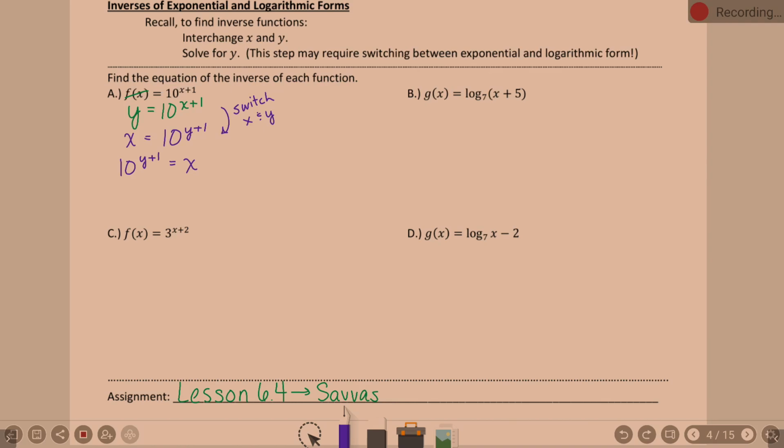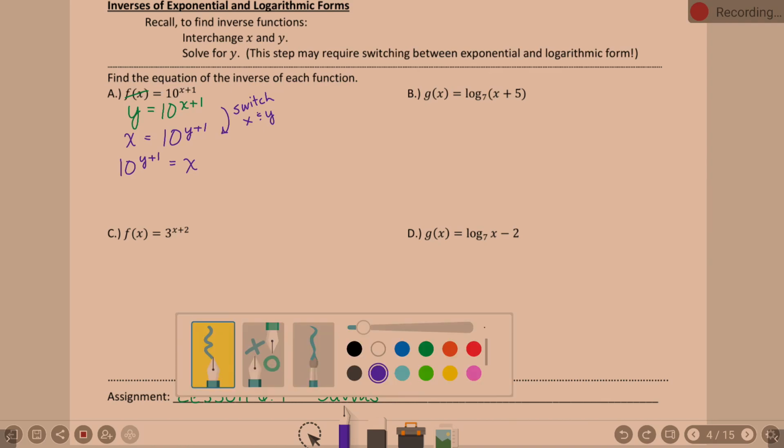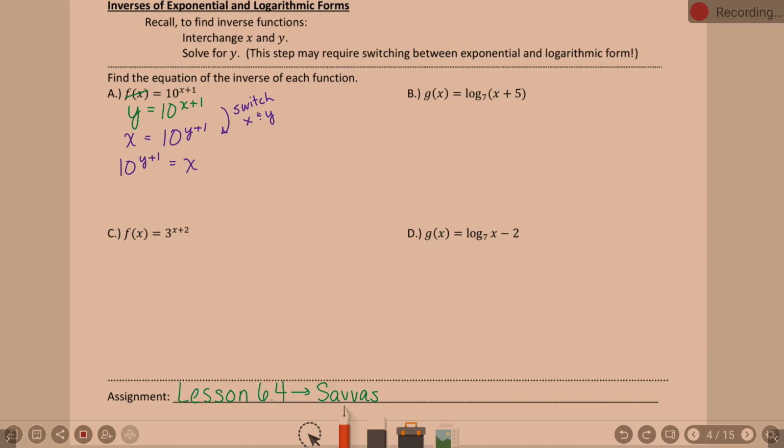Now, left, right, middle. What's the left? 10. So we're going to say that is log base 10 of x, so of the right, equals the middle, y plus 1.